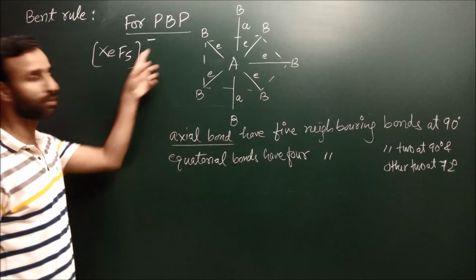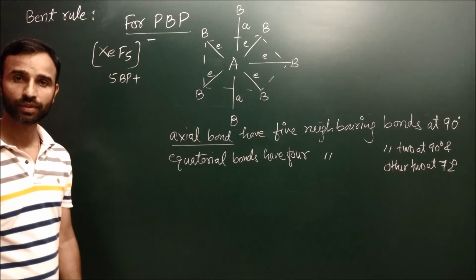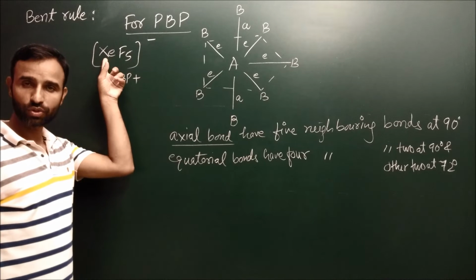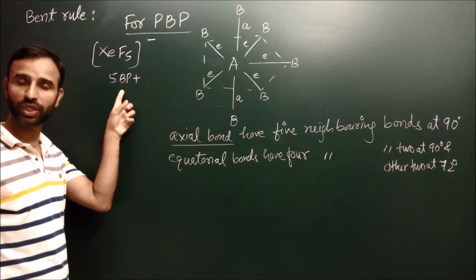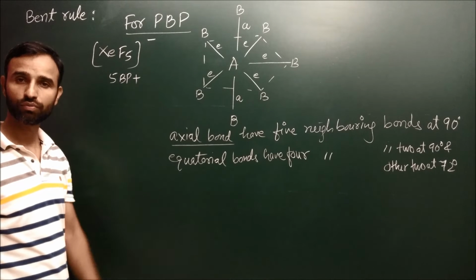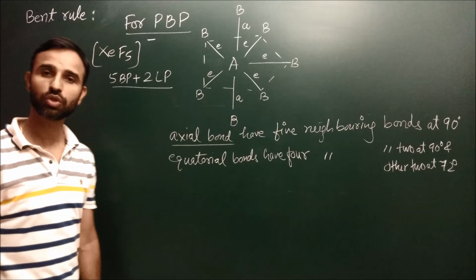So in XeF5 negative, there are 5 bond pairs. Xenon has 8 electrons plus 1, 9. Out of 9, 5 are shared. So how many left? 4. So 2 lone pairs. So there are 5 bond pairs, 2 lone pairs.